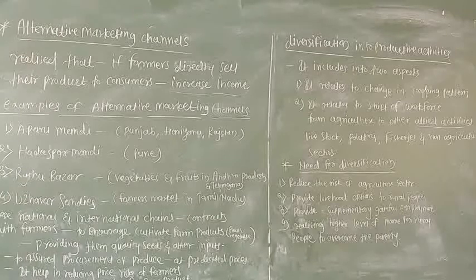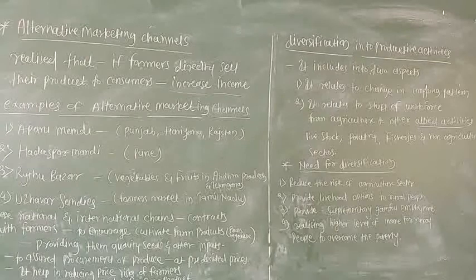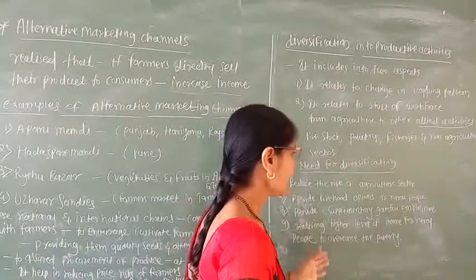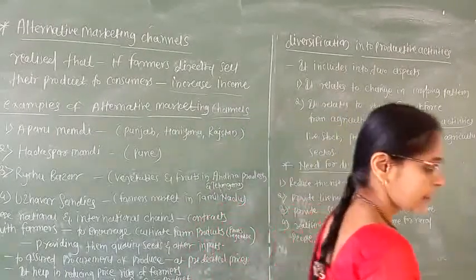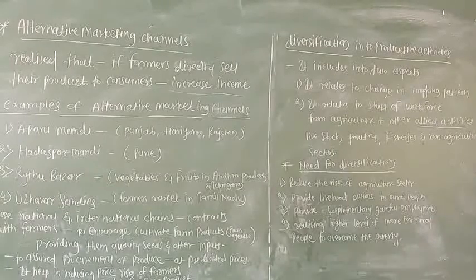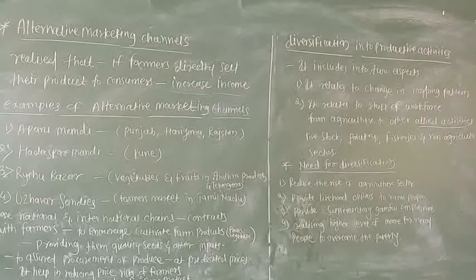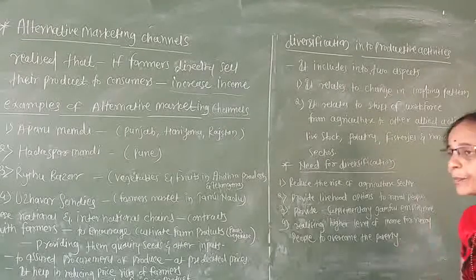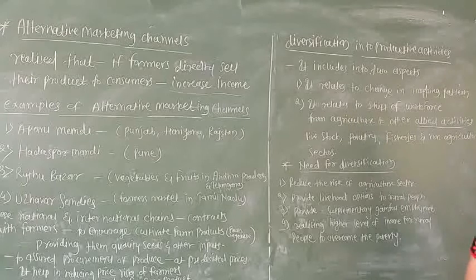Here the allied activities mean, all of you know, livestock, poultry, fisheries. There is a need to focus on these activities. Why? Because these allied activities may provide employment opportunities or livelihood options to the rural people.